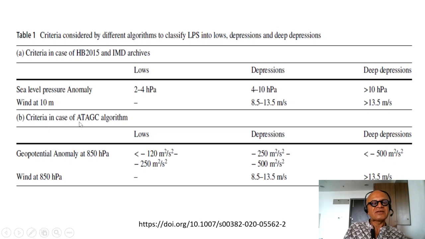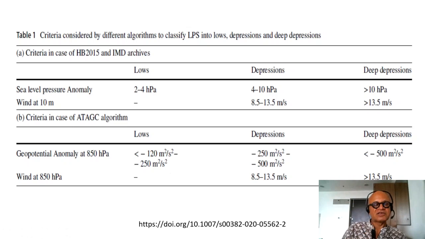There is an automatic tracking analysis using the geopotential height criteria, which uses different parameters. So here geopotential anomaly at 850 hectopascal is used, less than minus 120 meters squared per second squared to minus 250 meters squared per second squared.